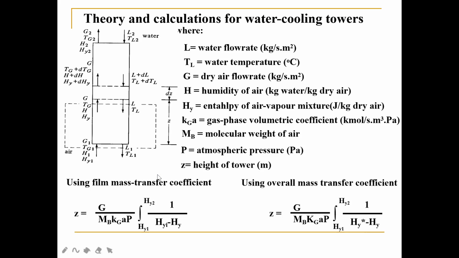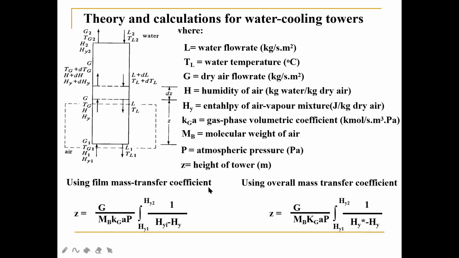And the main parameter that you want to calculate or design in a humidification tower, or more commonly called a cooling tower, is the height of the tower. So we're going to learn how to calculate that. This is the equation to calculate it using the film mass transfer coefficient.